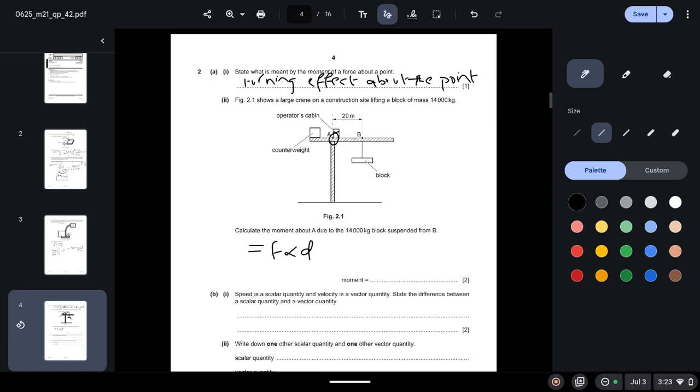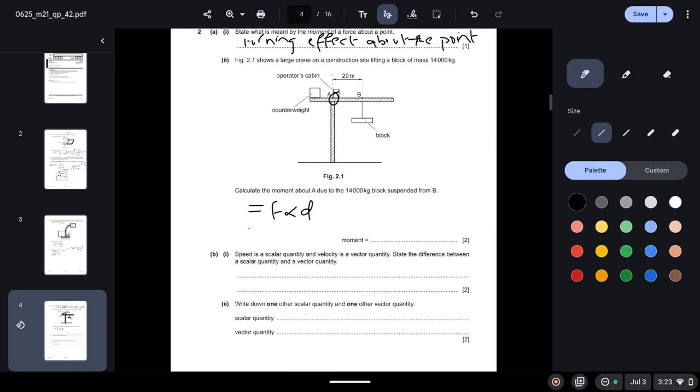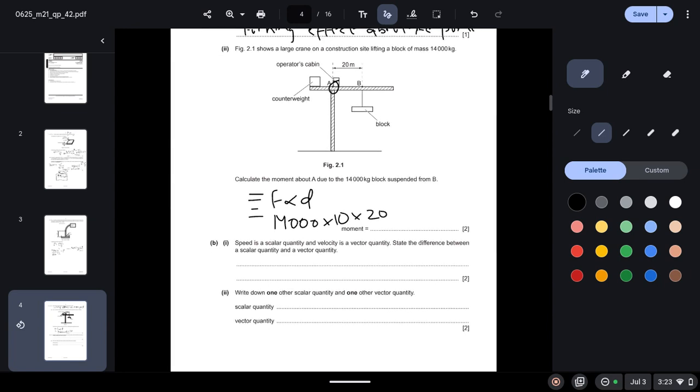Perpendicular distance is 20 meters. So force would be the weight times the distance, which is 20. So your moment will come out to be 2.8 × 10^6 newton meters.